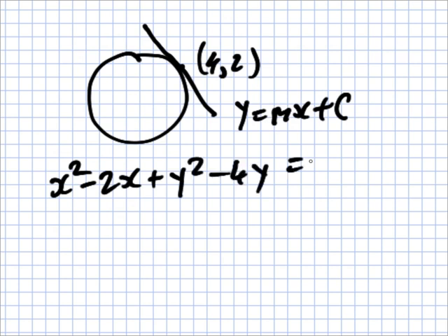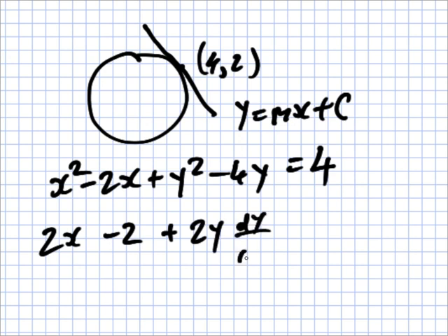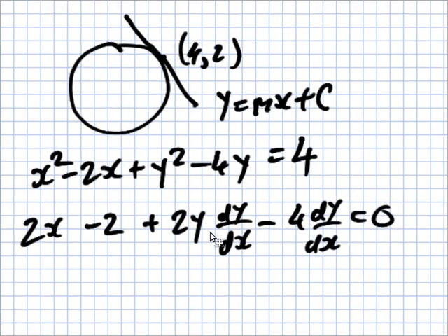So, the derivative here is 2x minus 2 plus 2y dy/dx minus 4 dy/dx equals 0, implicit derivatives.